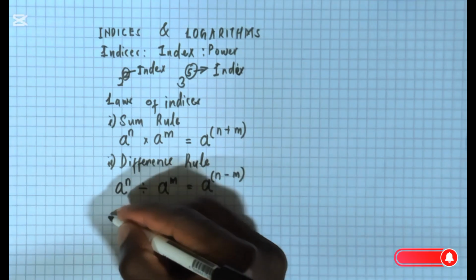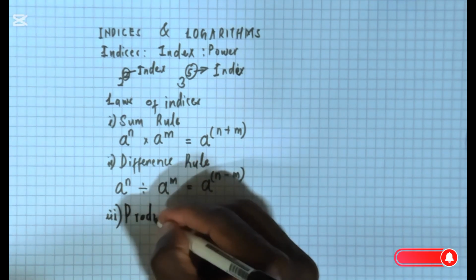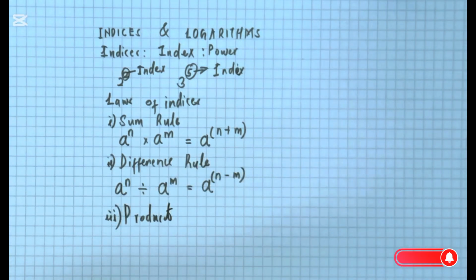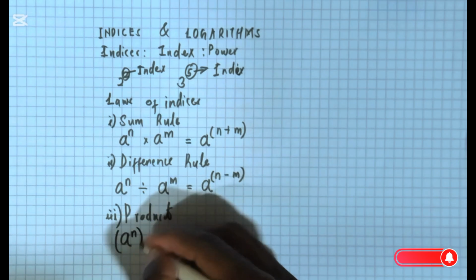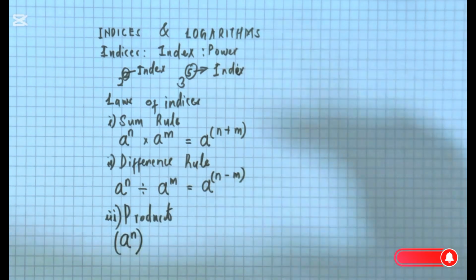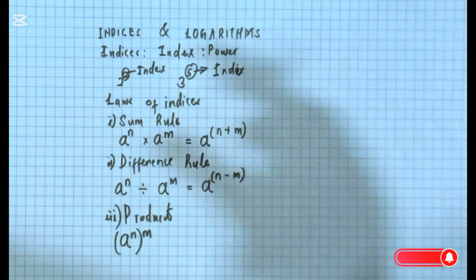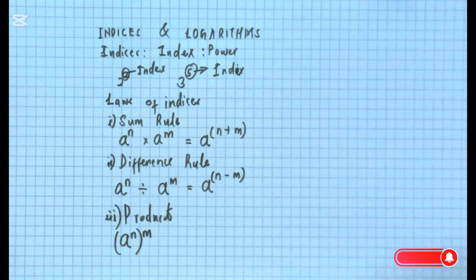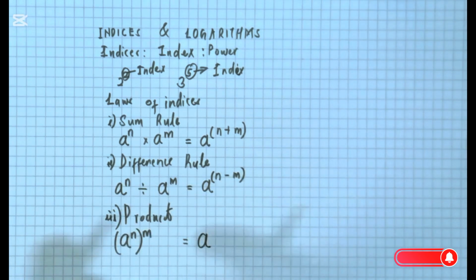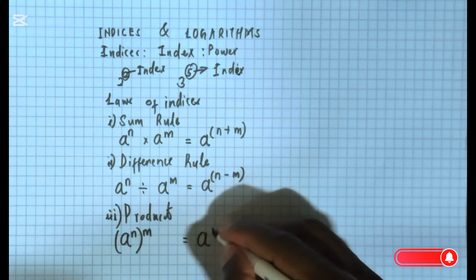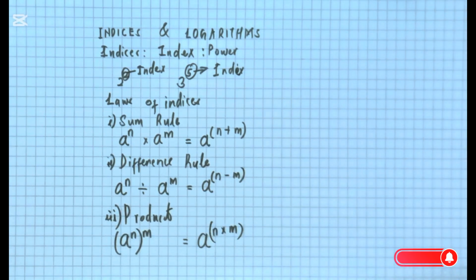And finally, we have what we call the product rule. It requires that whenever you have a number a raised to n, and you are raising it to another number m, it is always the same as taking a raised to the product of the powers, n times m.